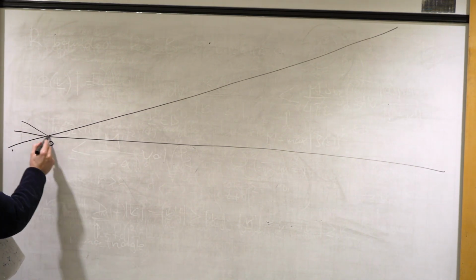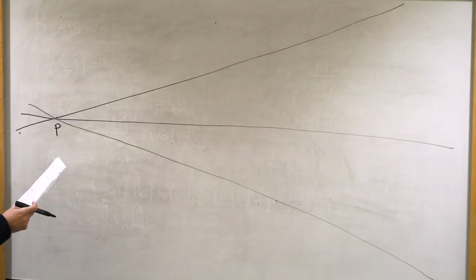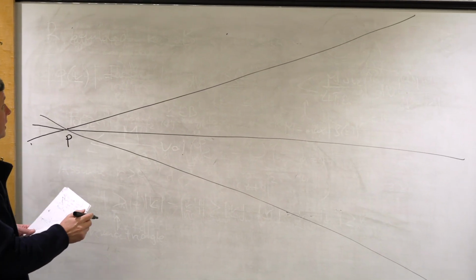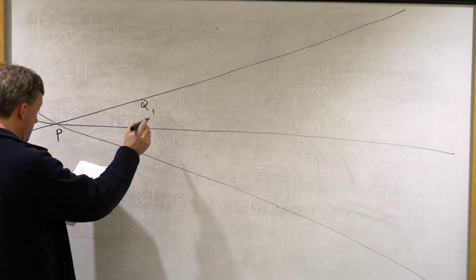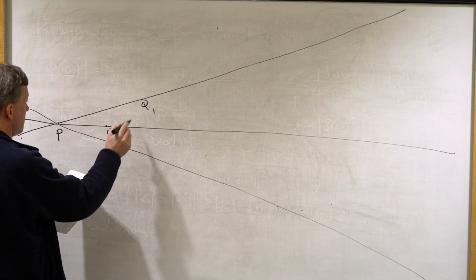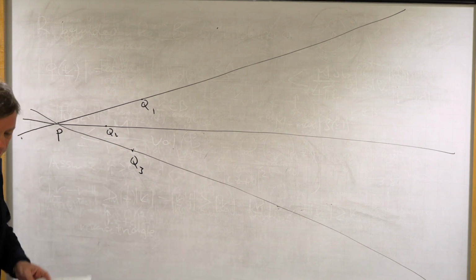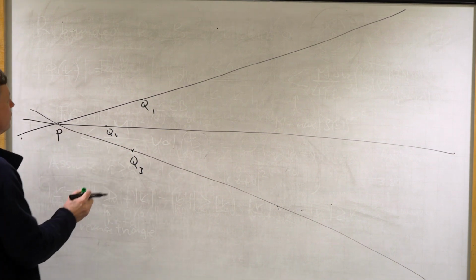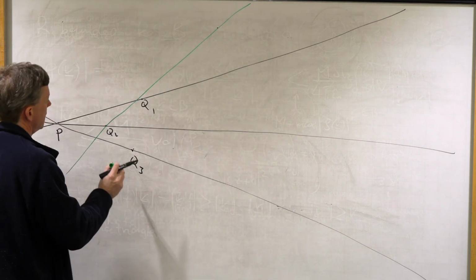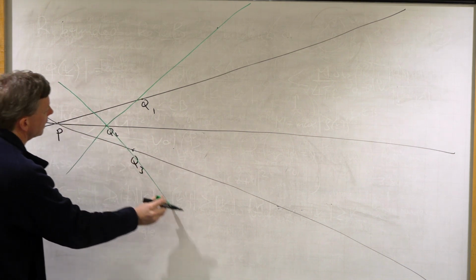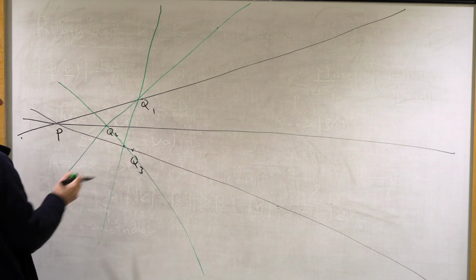So here's my point P, and these are my 3 lines. And let's say I want something like a Q1 there, and a Q2 there, and a Q3 there. So I can draw the lines Q1, Q2, and Q2, Q3, and Q3, Q1.